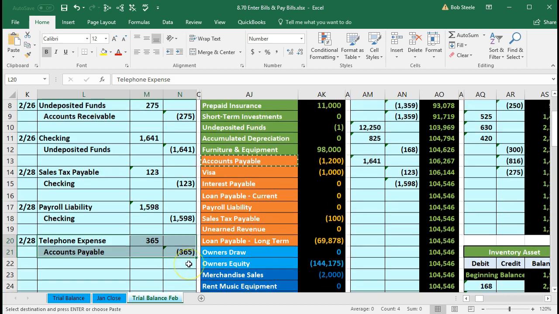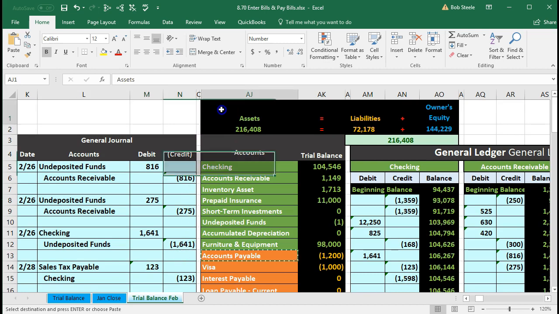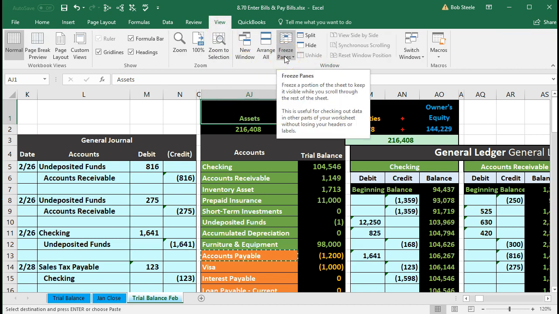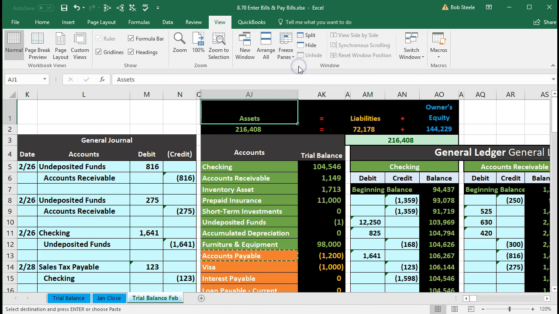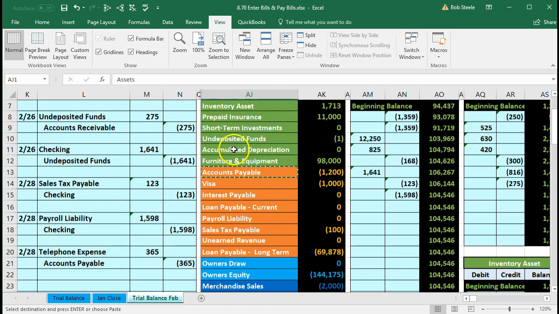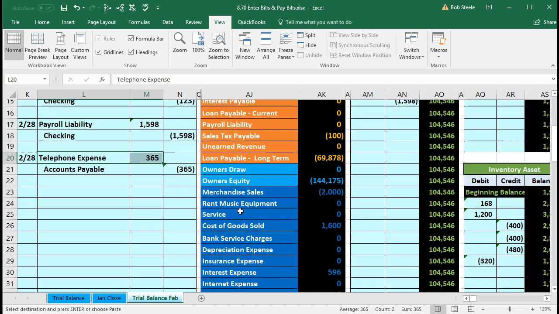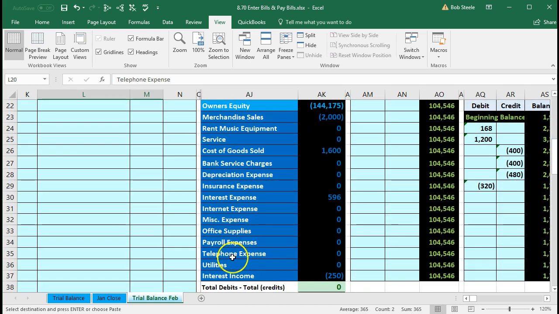Before we do, we will freeze the panes going up top to AJ1, and then go into the View tab, go into the Windows group, freeze panes within the Windows group, and freezing the panes. Scrolling back down, we need this telephone expense. There's the telephone expense. We need to post that here, so ultimately it's going to go to the telephone expense here.